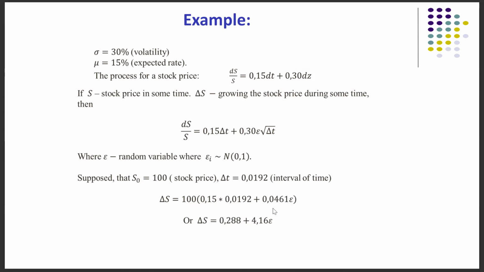So everything we substitute, and we have that the growth of the stock price during this week equals 0.288 plus this value, where the value is a random variable with standard normal distribution. Okay.